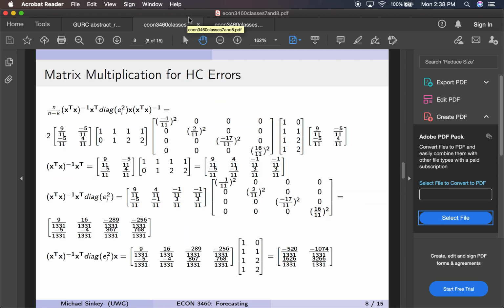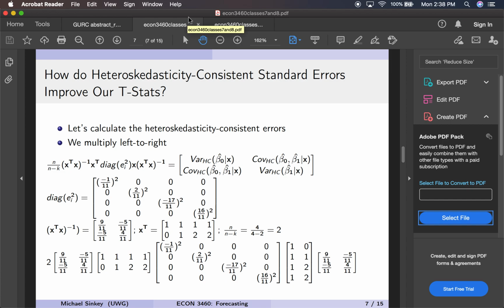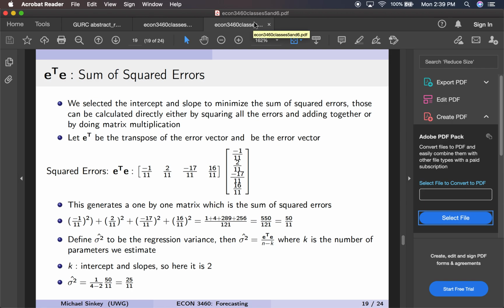So this is a lot of technical detail on these slides, and I don't want us to get bogged down in it. Really what I want us to think conceptually is that in order to allow for x and the error term to be related to each other, which they almost certainly can be in real life, we do occasionally have to allow for there to be a relationship between x and the error term, and we allow for it here by regressing the x's on the squared error terms. We don't do that here.